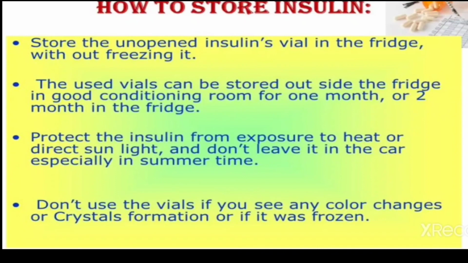Protect the insulin from exposure to heat or direct sunlight, and don't leave it in the car, especially in summertime, because it decomposes. Don't use the vials if you see any color changes or crystal formation, or if it was frozen.